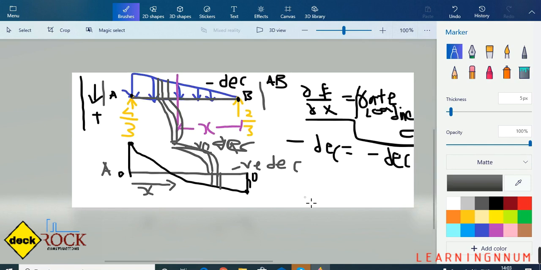So what was that equation of shear force? 2 by 3, minus, see, this 2 by 3 is upward, right? On the right side, upward shear force is negative, downward is positive. So this was plus half into x into x, so x square by 2, equals to, this was the shear force equation.